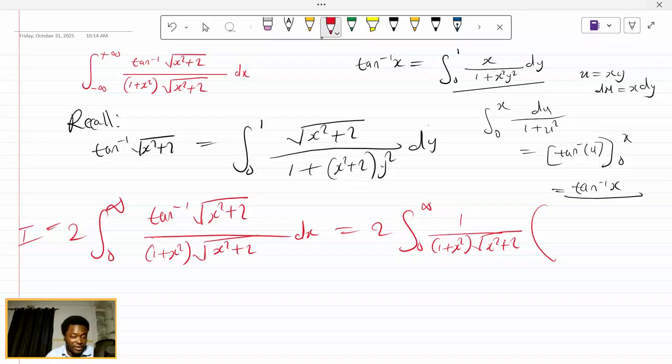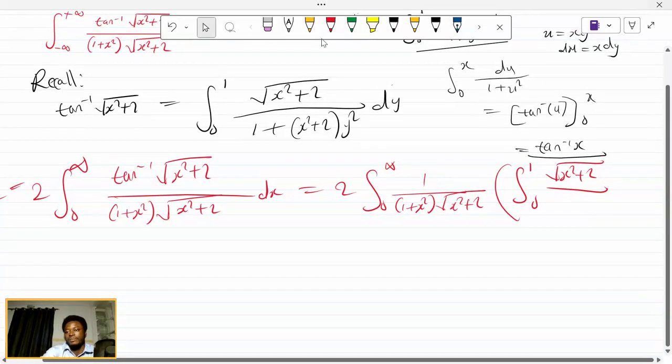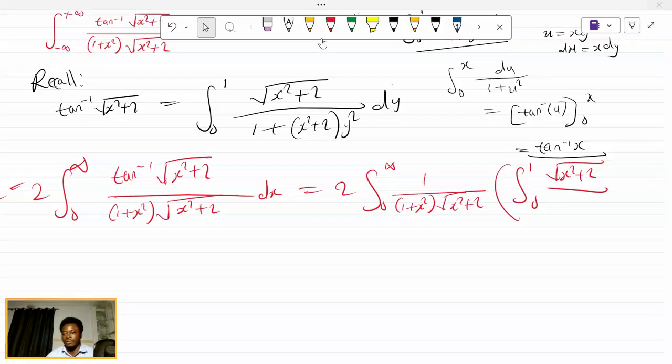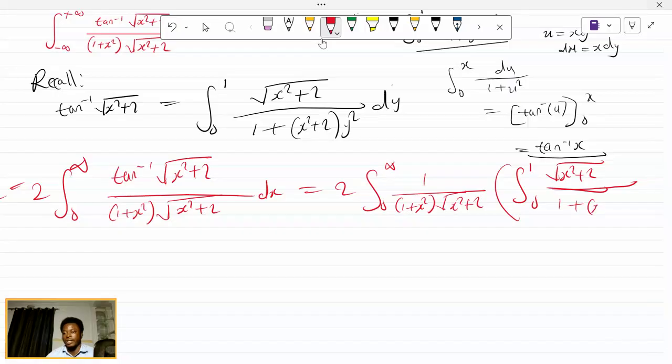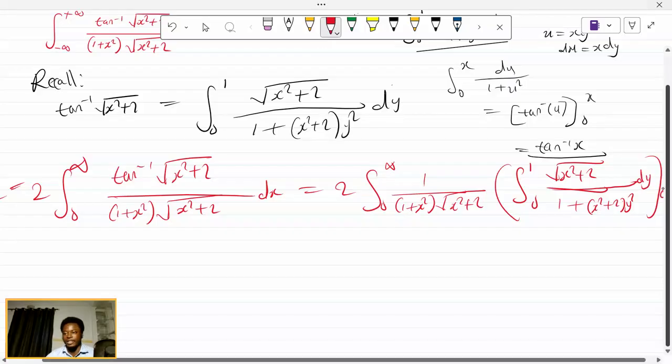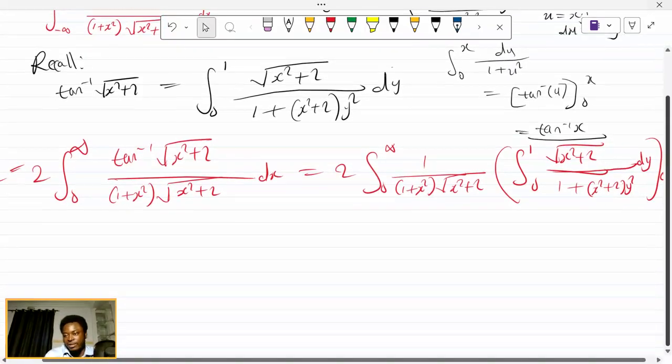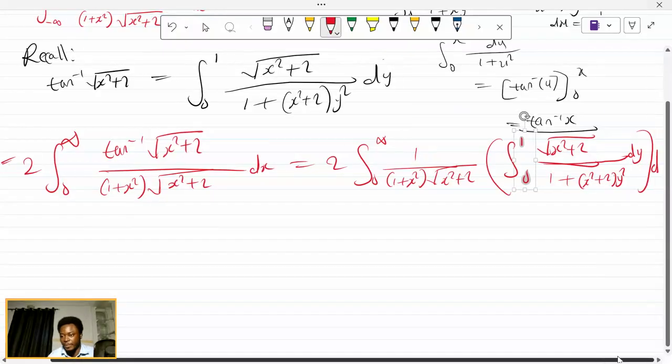Then we replace the tan inverse of square root of x squared plus 2 by the integral from 0 to 1 of square root of x squared plus 2, all divided by 1 plus (x squared plus 2) times y squared. Then you have dy, and dx over here.